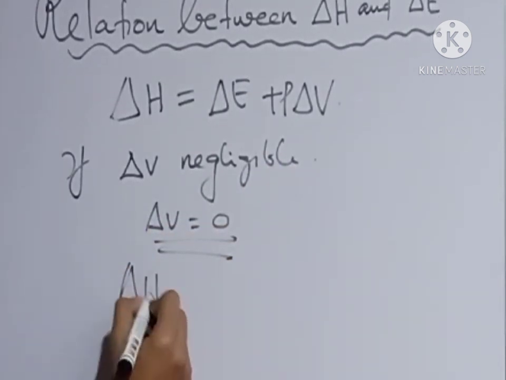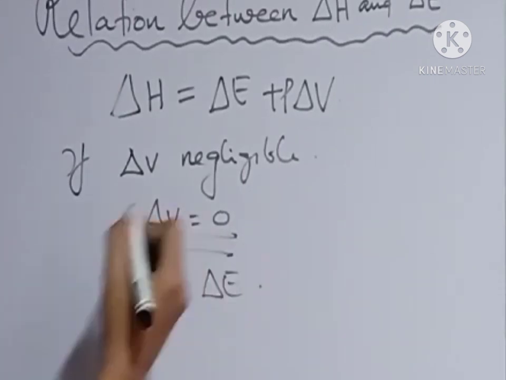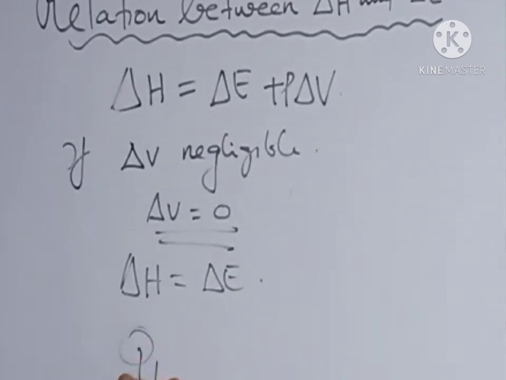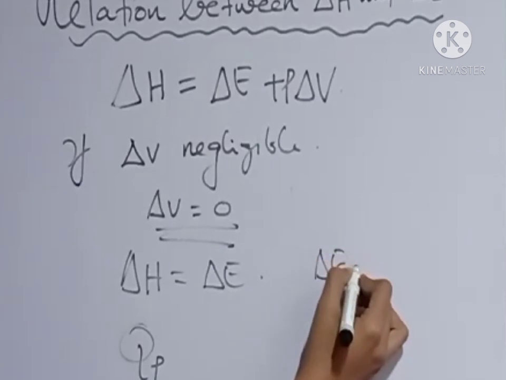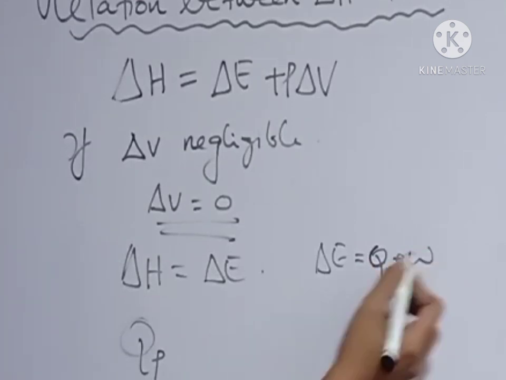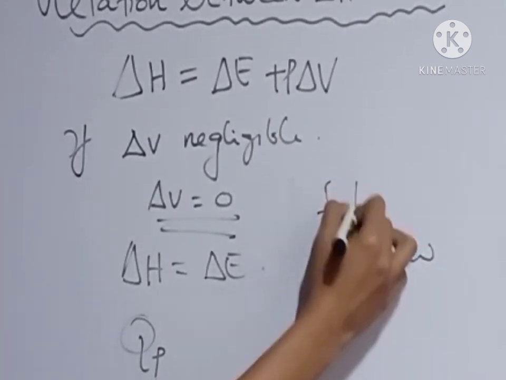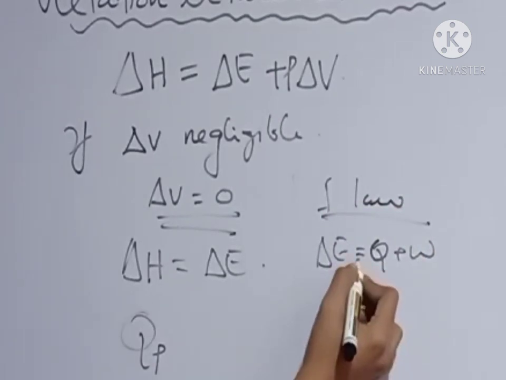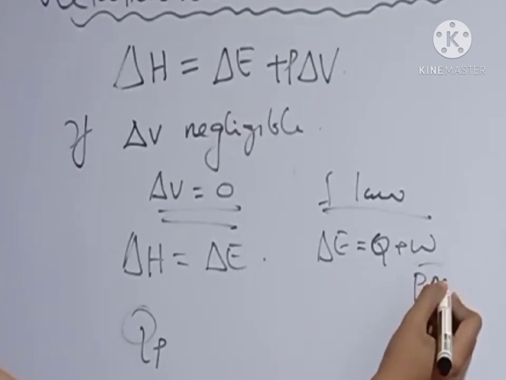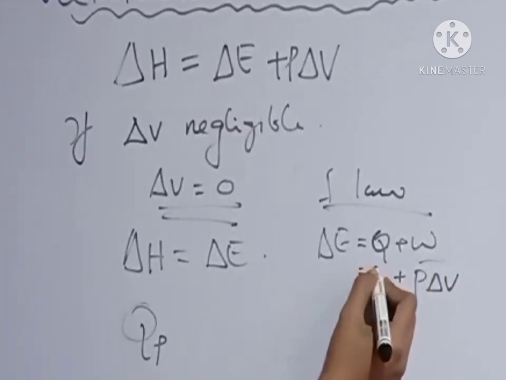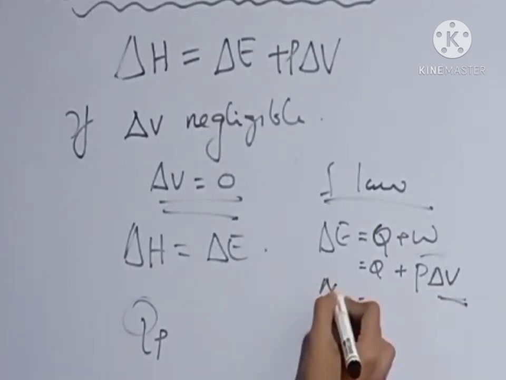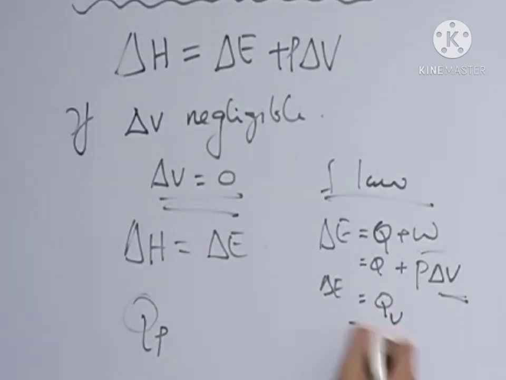That is, delta H becomes delta E. We know delta H equal to QP, and according to the first law, delta E is equal to Q plus W, and when W equal to minus P delta V and delta V becomes 0, delta E equal to Q at a constant volume.